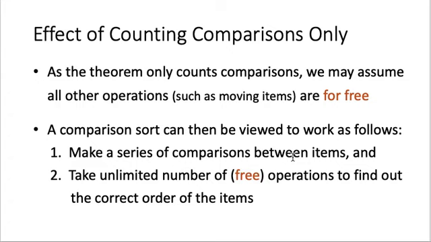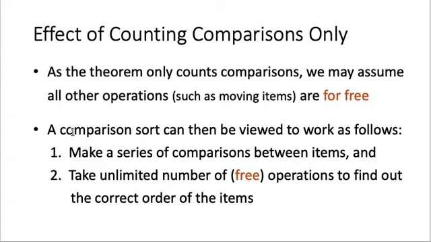The reason we focus on comparisons is that we may then assume all the other operations, such as swapping, moving items around, or calculations, are free. They will not be counted because they are not comparisons.